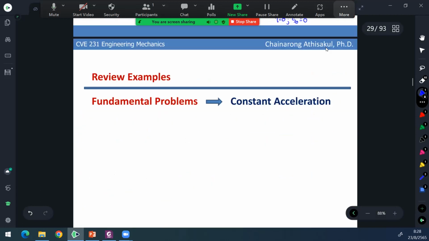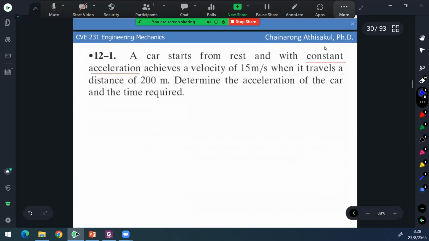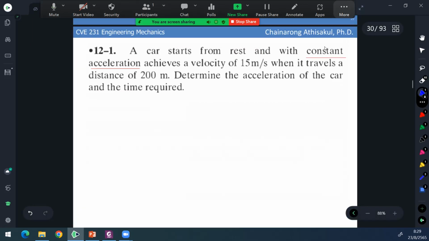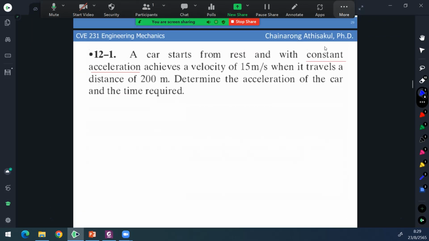So let's take a look at the fundamental problem for the special case that the acceleration is constant. A car starts from rest and with constant acceleration achieves a velocity of 15 meters per second when it travels a distance of 200 meters.